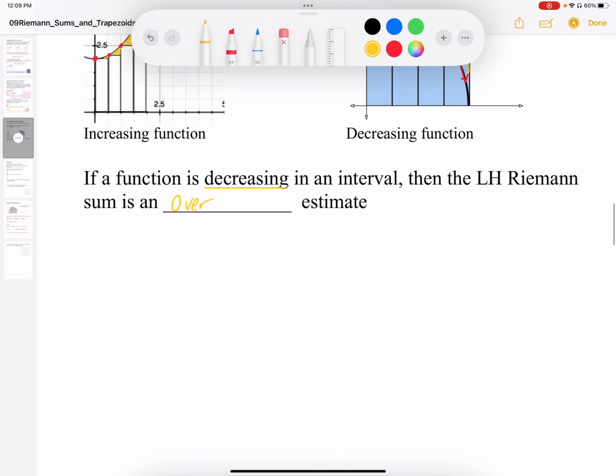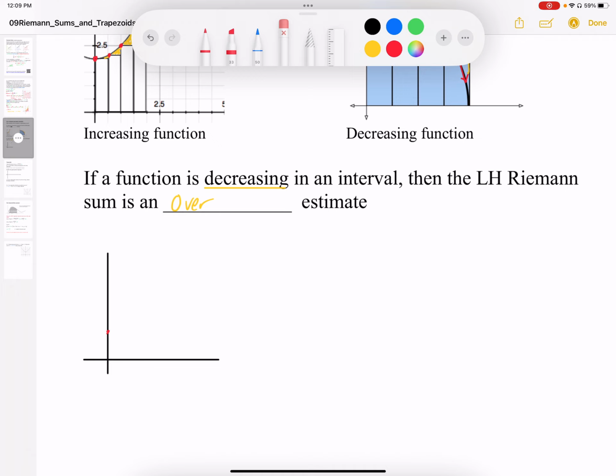Now, if we're talking about right-hand Riemann sums, the reverse is true. So if I sketch any increasing function, I can have any increasing function here, and we're talking about right-hand Riemann sums now.